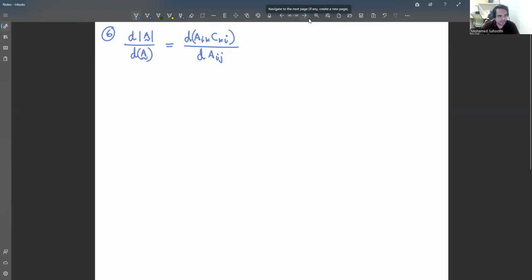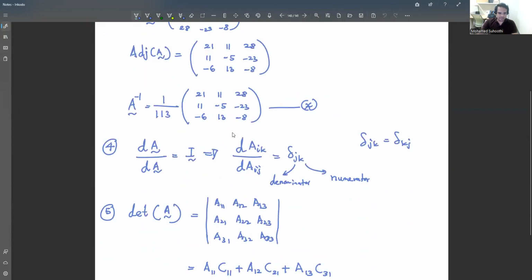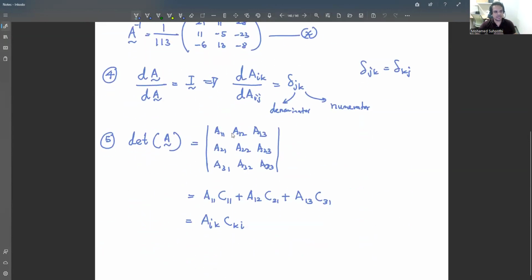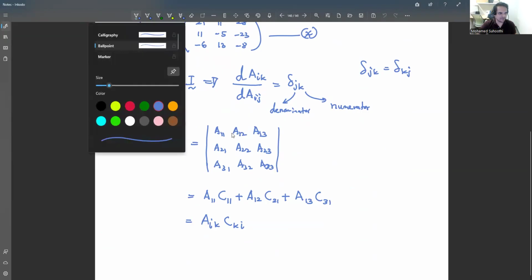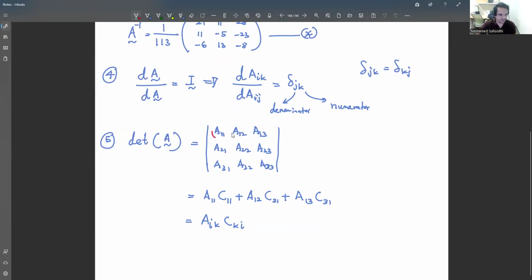Now consider this differentiation. For example, in the previous case, let's say we consider A11. I am going to differentiate the determinant with respect to A11.